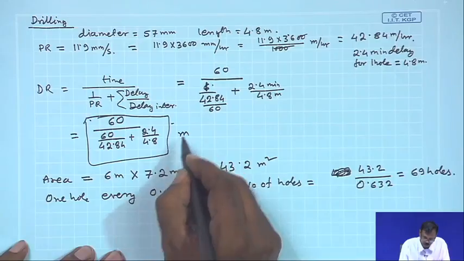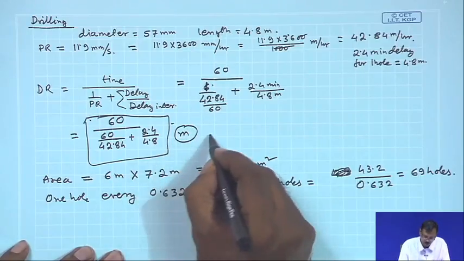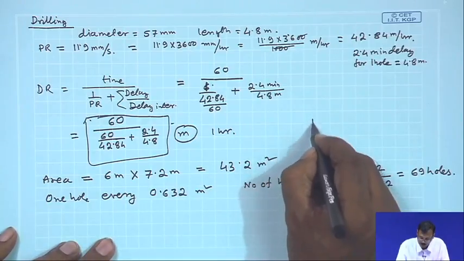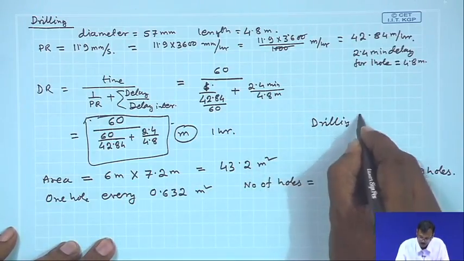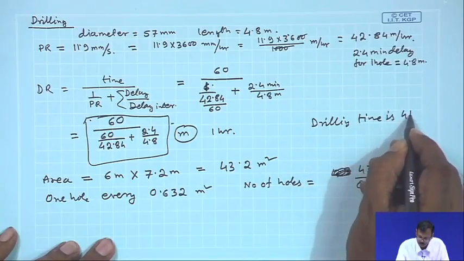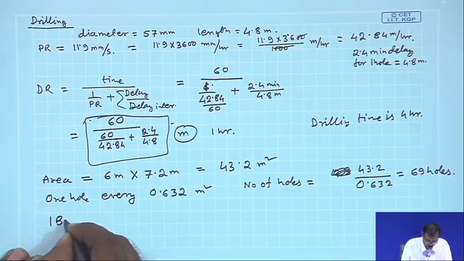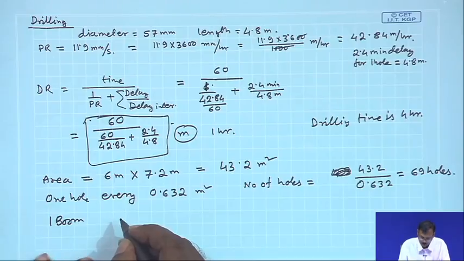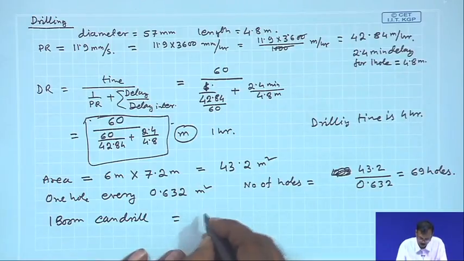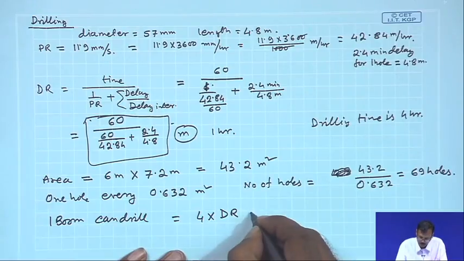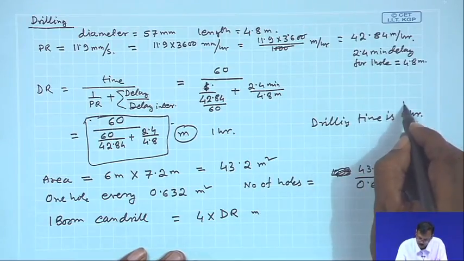So, this much meterage of drilling we achieve in 1 hour, and it is also given that the allowable drilling time is 4 hours. So, one boom of one machine can drill 4 into the drilling rate, that much meter in 4 hours.